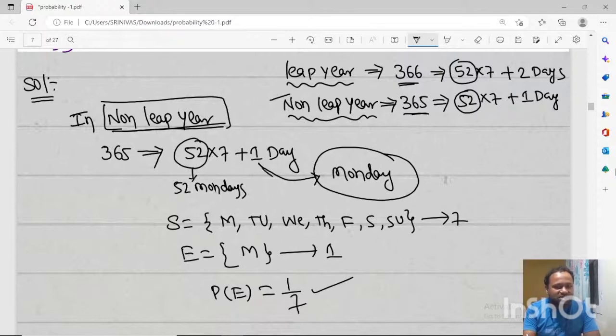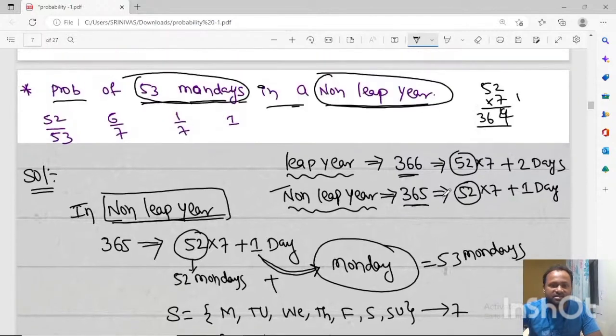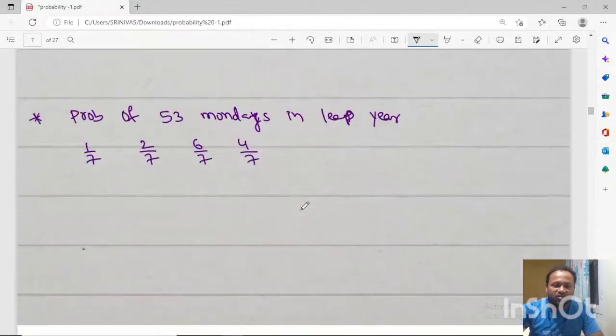My favorable is one Monday, because 52 plus 1 is equal to 53 Mondays. I need 53 Mondays. So this is the method. So the answer is 1 by 7. Nice. Let me move on to one more problem.